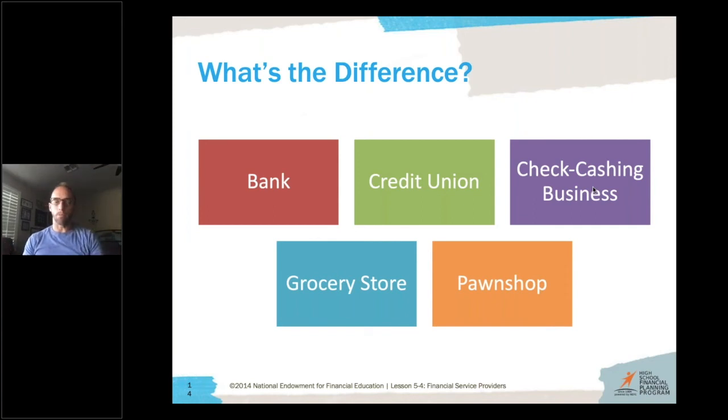So let's say that John writes a check to Billy. Billy takes that and deposits it at his bank. The bank now needs to go back to John's bank and verify with John's bank that there's money in the account, and then have that money come in and credit to Billy's account.